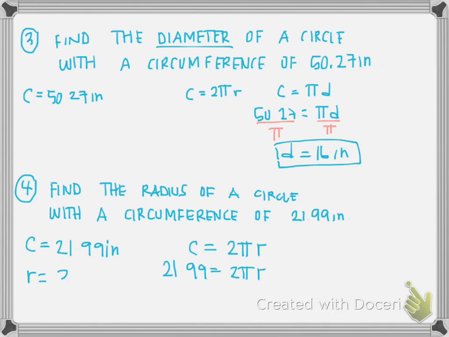So here you're going to divide both sides by 2 pi to get your radius. 21.99 divided by 2 pi is going to be about 3.5, when rounded.